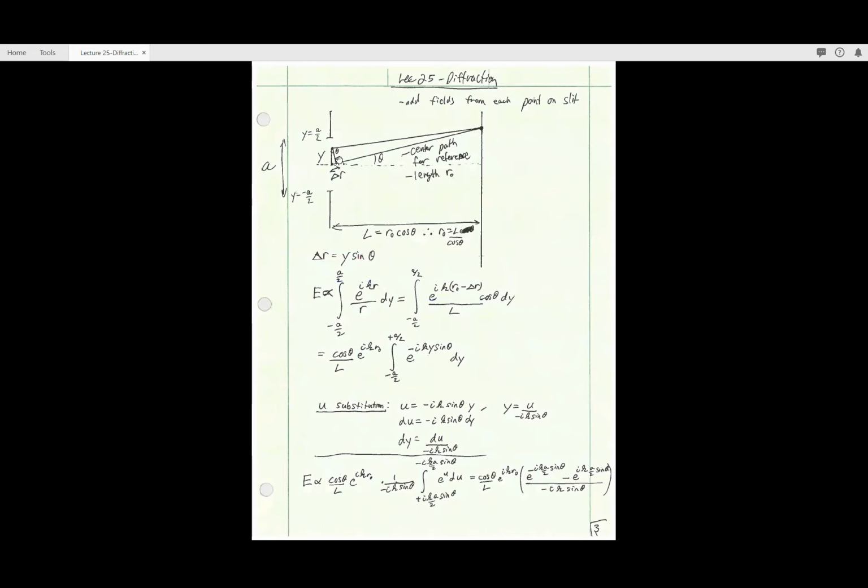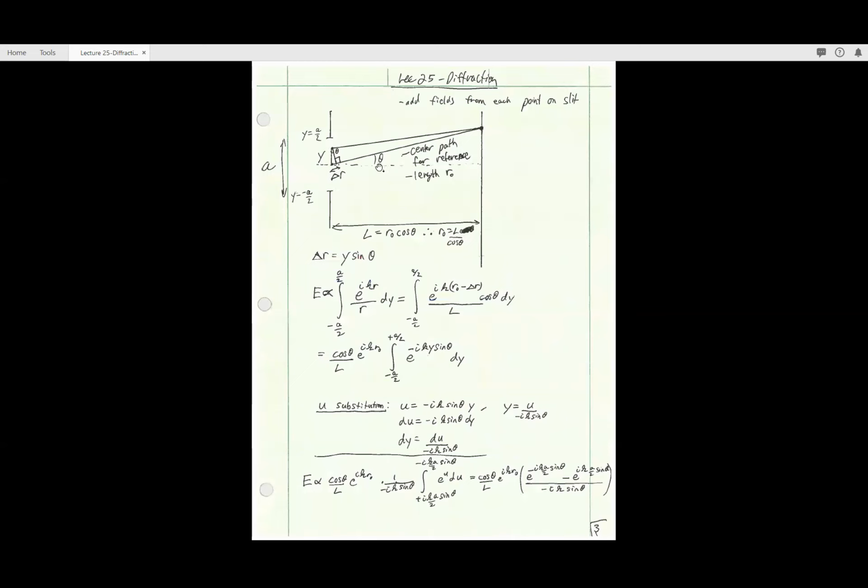And if that distance is R0, then this distance will be R0 plus delta R, and delta R up here will be negative, and delta R down here will be positive, because up here, this point is closer to the point on the detector. So if it's shorter, then delta R must be negative.